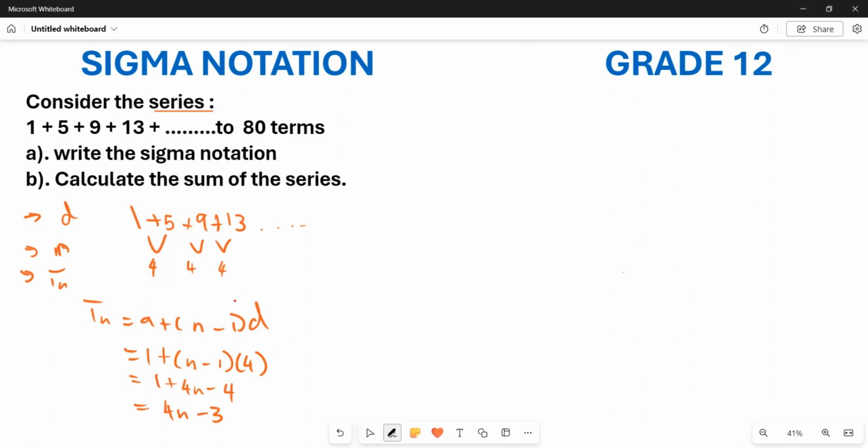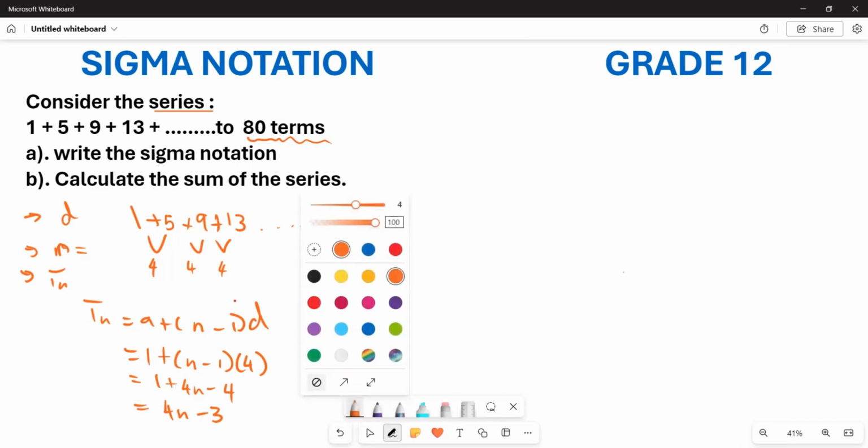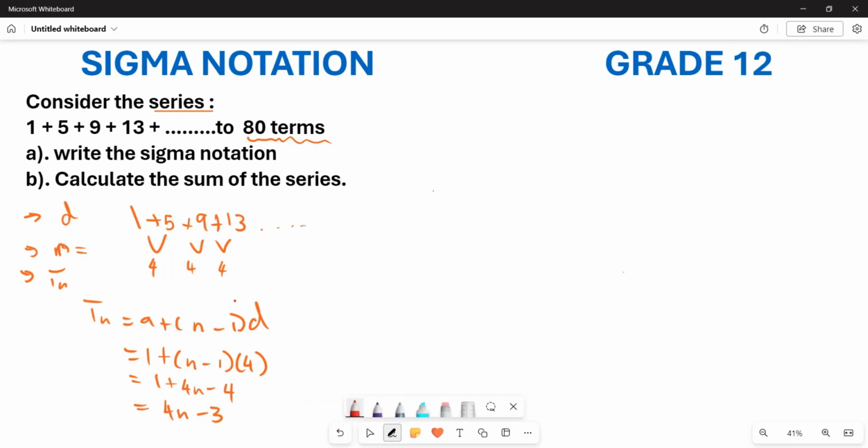And now, what is it that we have? Do we have the n? Yes, we have the n because we are told that we have 80 terms. Which means we can now come back and write down our sigma notation. What are you going to do? Obviously, we start by drawing our sigma sign.